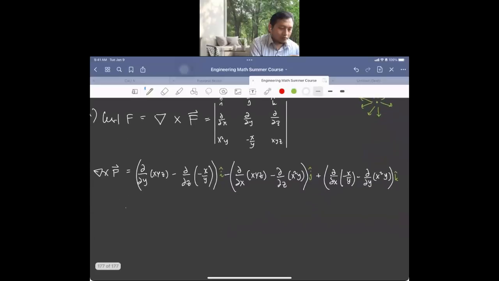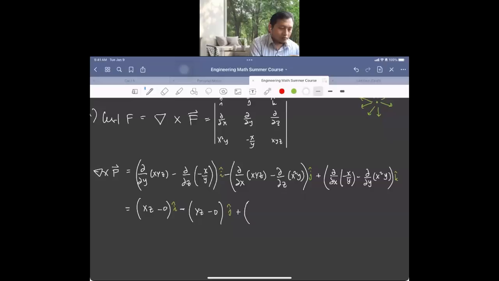Okay, we can solve one by one. This is xz, and this becomes 0, and then the i component is xz. And then yz, also 0, and then j.